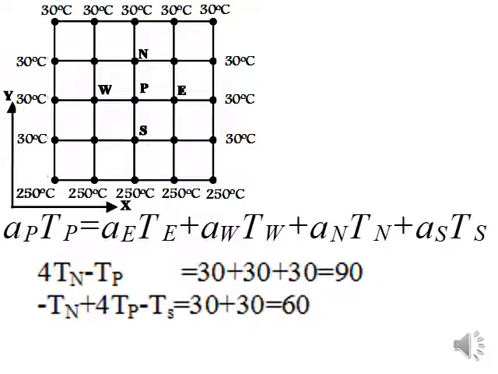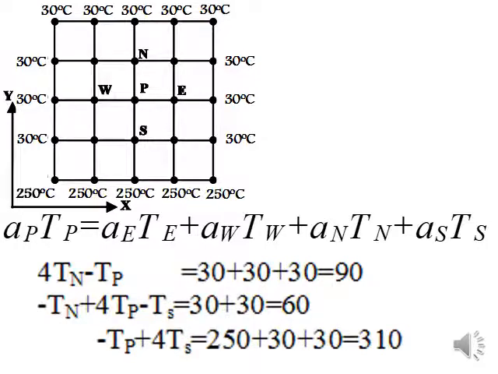Now if you move to the point Tp, so now it's the point of interest, it has the coefficient of 4, so you will leave Tn and Ts around you, so that they are still unknown. And now you are left up with your eastern and western boundary, so that both of them are 30. So the equation will become one of the sides is equal 60.